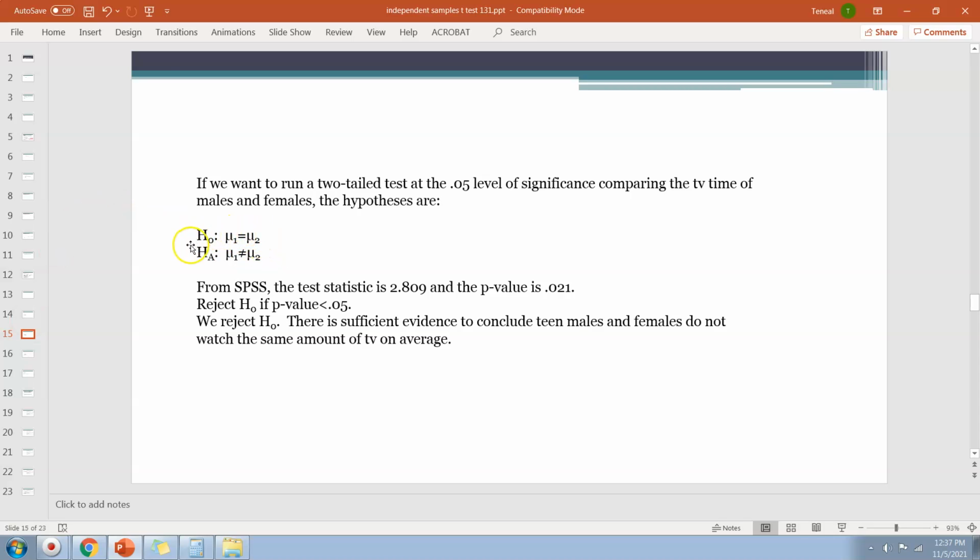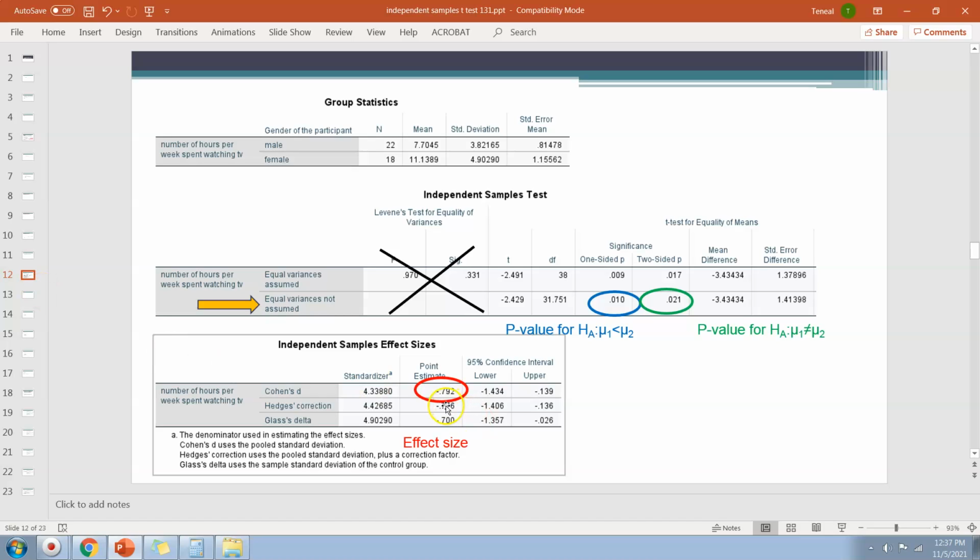So we're rejecting H0, which means we can conclude what's in the alternative hypothesis, which is that there's a difference in the means. So now if we want to do our effect size, we were looking at this output. They listed it as negative 0.792. We're taking the absolute value.